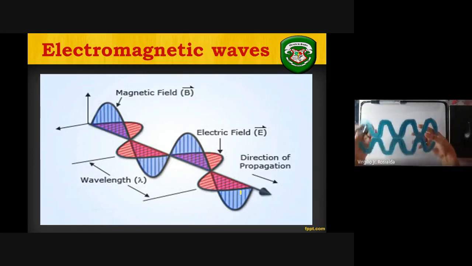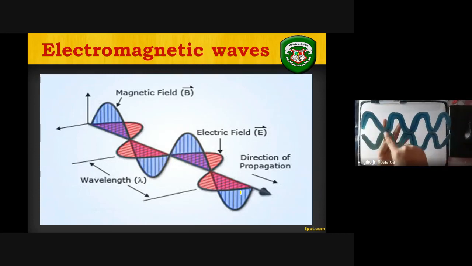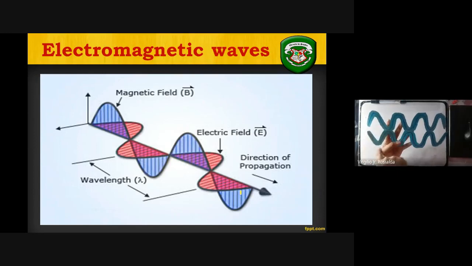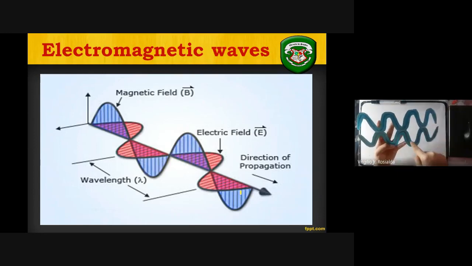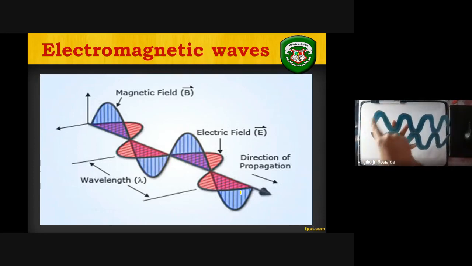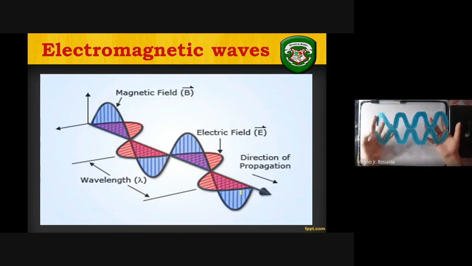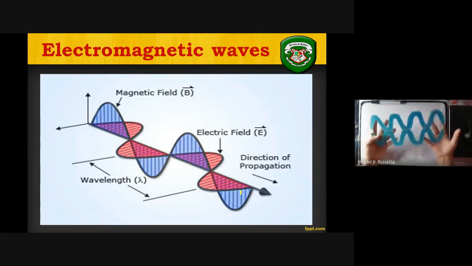So para siyang ganito. Let's say this particular wave is the magnetic wave and this particular wave is the electric field, rather the magnetic field and the electric field. So let's assume that this particular model is an electromagnetic wave.